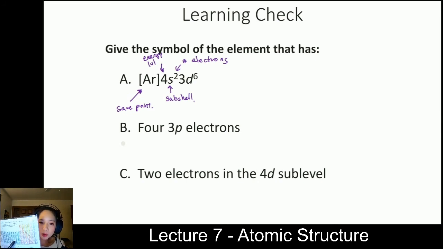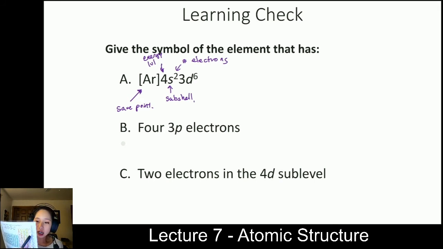If the element has like 79 electrons, we would have to draw 79 different dots. But we can save time by using a checkpoint where we start at a noble gas, like argon in this case, and pick up from there.